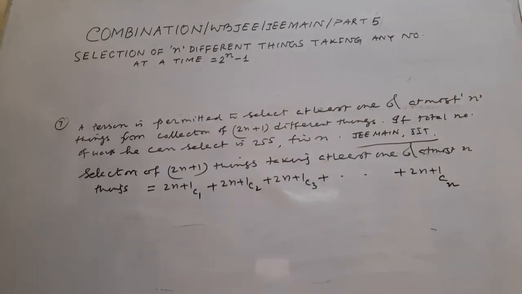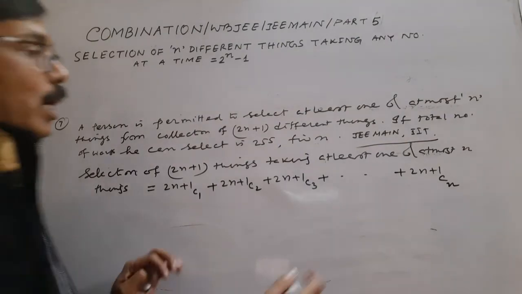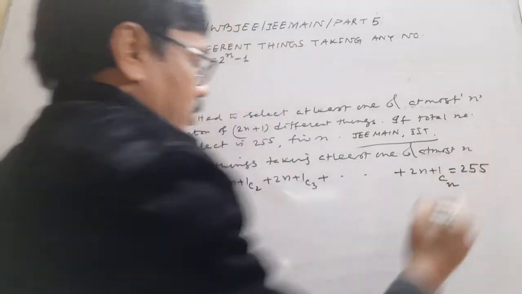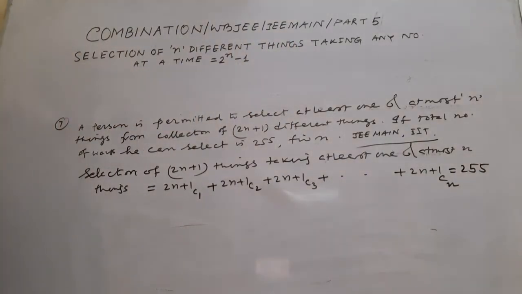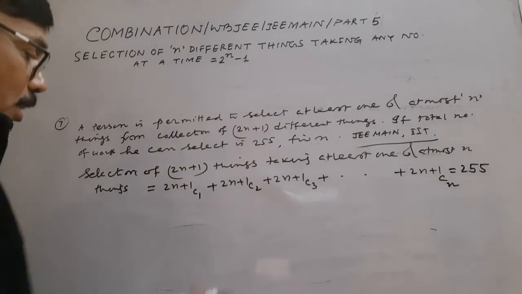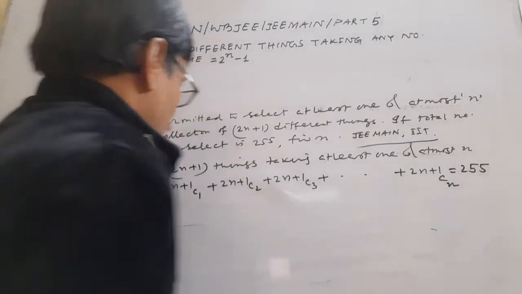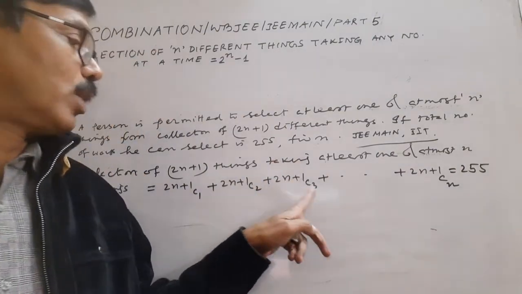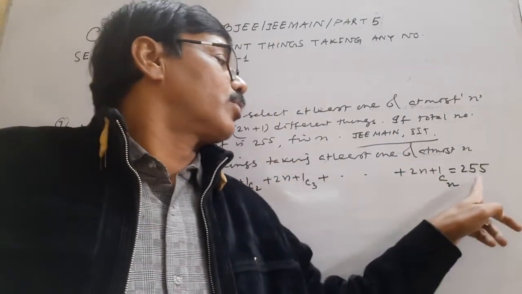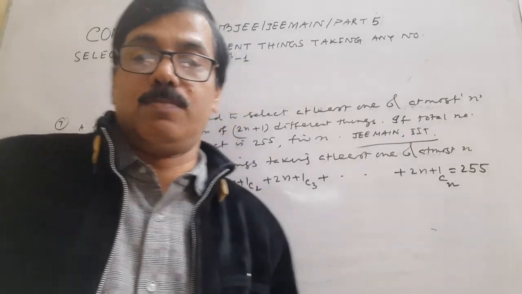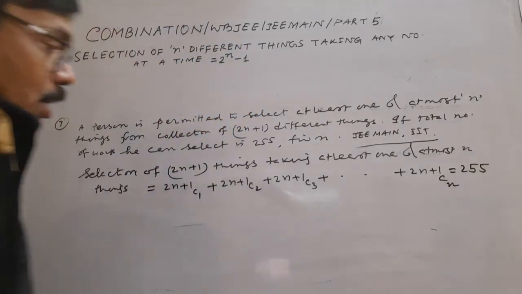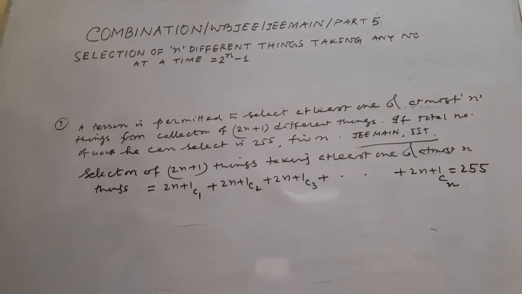This is given by 255. So we have to solve this equation: 2n plus 1 C1 plus 2n plus 1 C2 plus 2n plus 1 C3 up to 2n plus 1 Cn equals 255. Our main aim is to solve this equation.